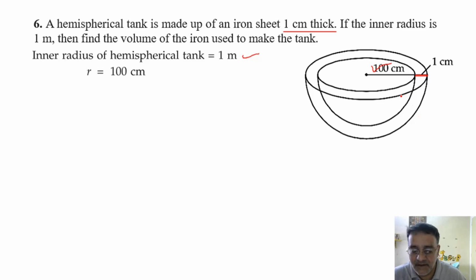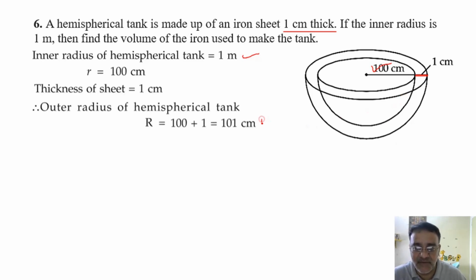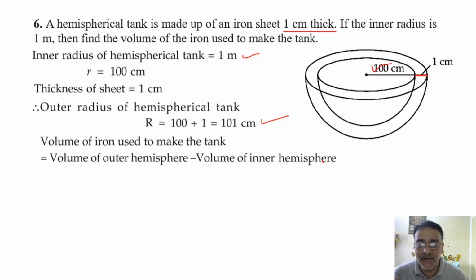Sir, 101. Right. 100 plus 1, that is 101 centimeter. Now, just now I told you that volume of iron used is equal to volume of outer hemisphere minus volume of inner hemisphere. So, what is the outer hemisphere formula? Volume of outer hemisphere 2 by 3 pi capital R cube.